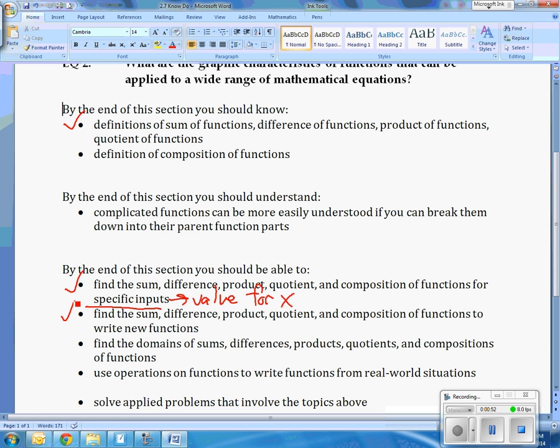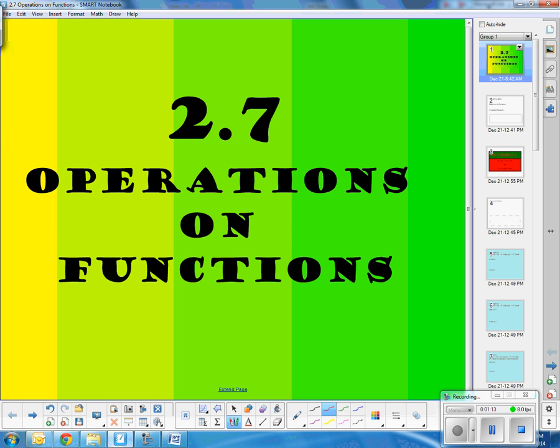And we're going to find it for new functions. We're not going to use any numbers. It's just going to be putting 2 functions together to create a new function, and a little bit of work on finding the domains of these new functions. Those are the 4 objectives for this video, and we're going to get right into it.